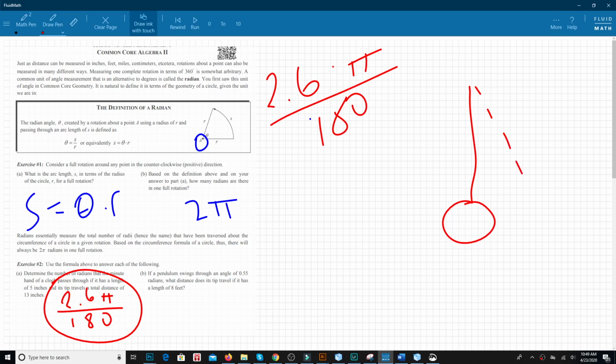I'm just saying hypothetically, this angle right here is 0.55 radians. Essentially that, right?